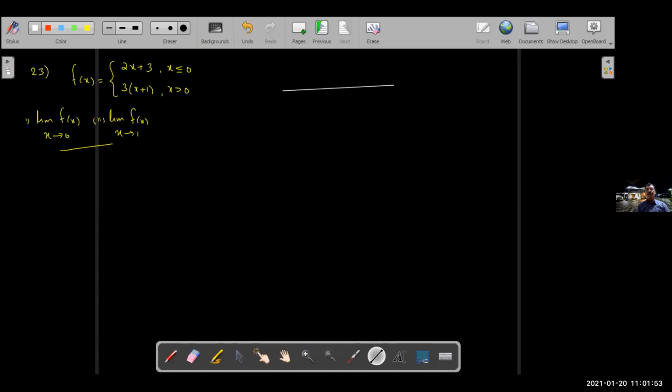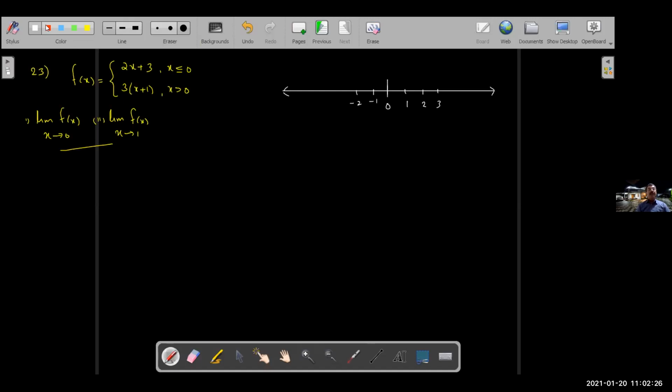we have this number line. In this number line, see how it is defined. Just a rough figure: 0, 1, 2, 3, minus 1, minus 2.